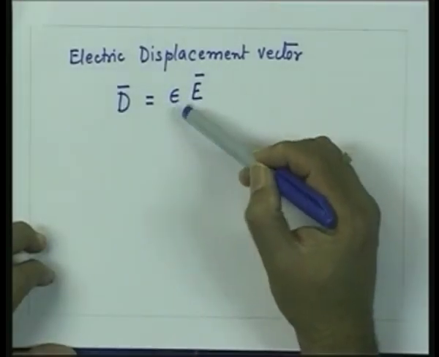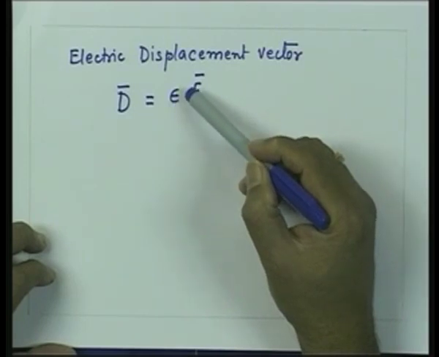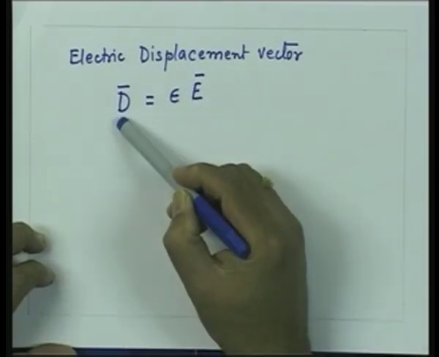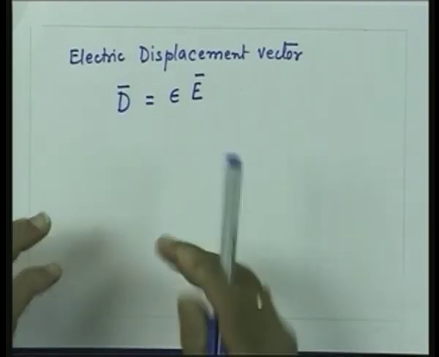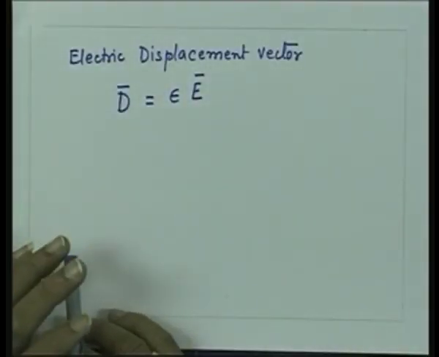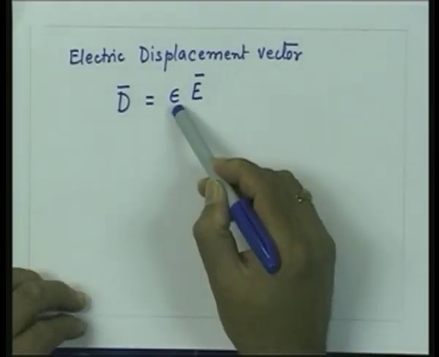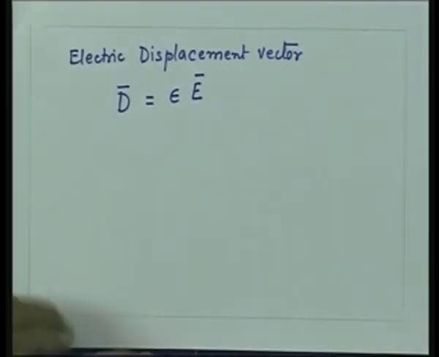So, when the medium property change, the epsilon changes, but the D remains same. D does not depend upon the medium properties, it depends upon actually the charge which is creating this field, irrespective of which medium it is creating this field. So, D remains same, it does not change from medium to medium. The quantity which changes is the electric field depending upon what is the permittivity of the medium.